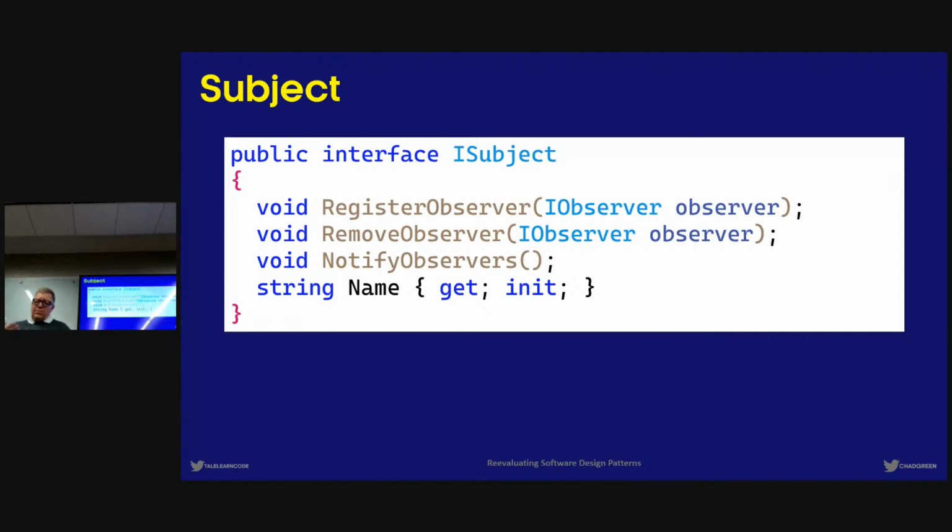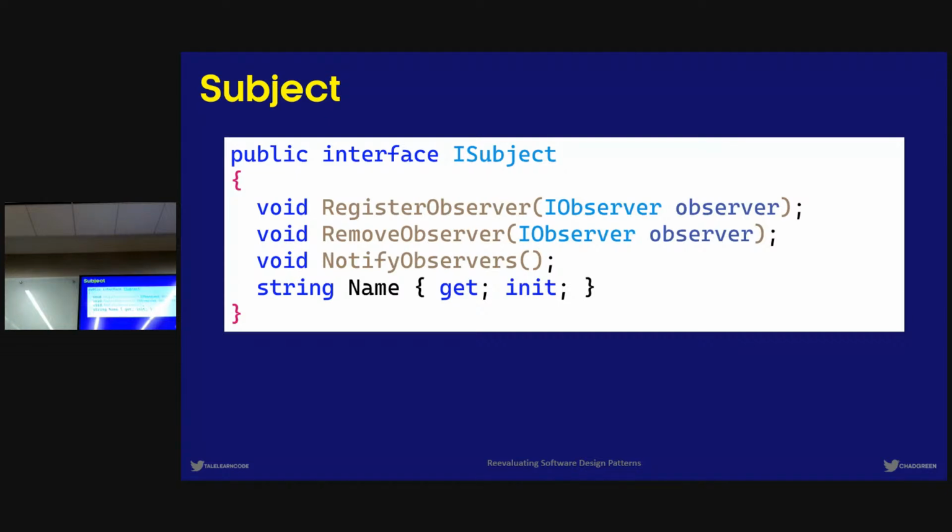Yeah, there are different ways you could implement this pattern. The code here is straight off the pattern, so pretty basic. We start off with the subject, which is what we're paying attention to. You can see we've got register observer, remove observer, notify observers.